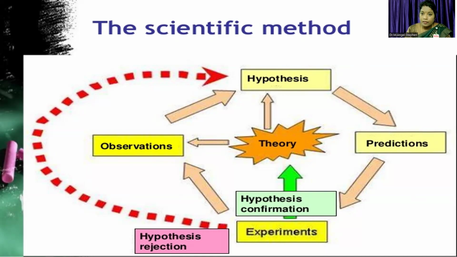Here you can have a hypothesis: whether this supplement will help the children come out from malnutrition or not. While keeping this hypothesis, you have to frame a hypothesis that this is highly effective in bringing down the malnutrition.